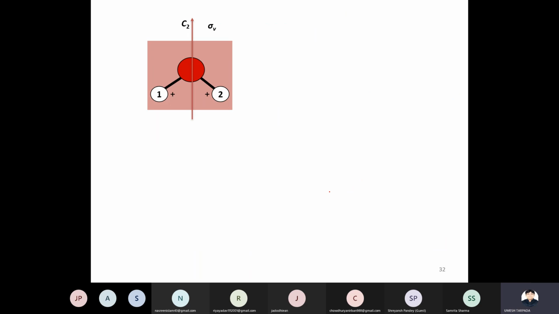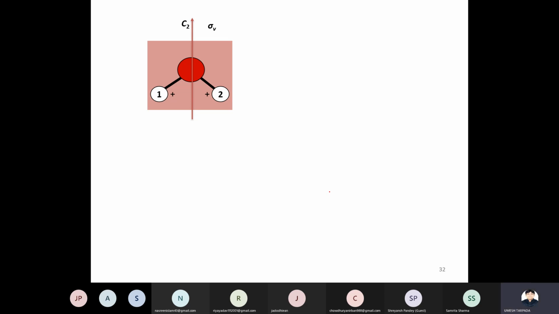So this is called sigma V. And this is the second sigma V, which is passing through all the atoms. That is the plane of your molecule. This is the second sigma V.